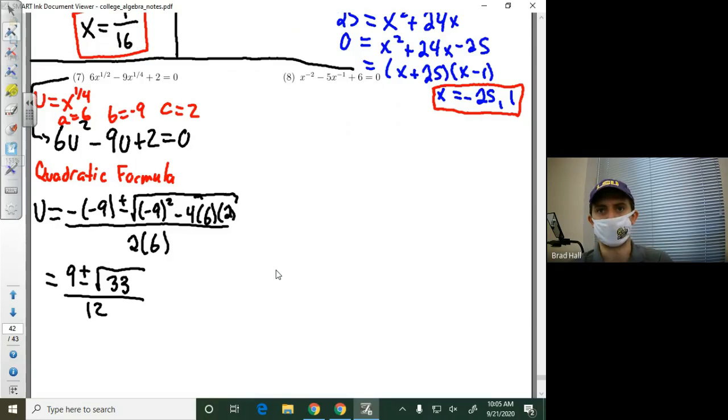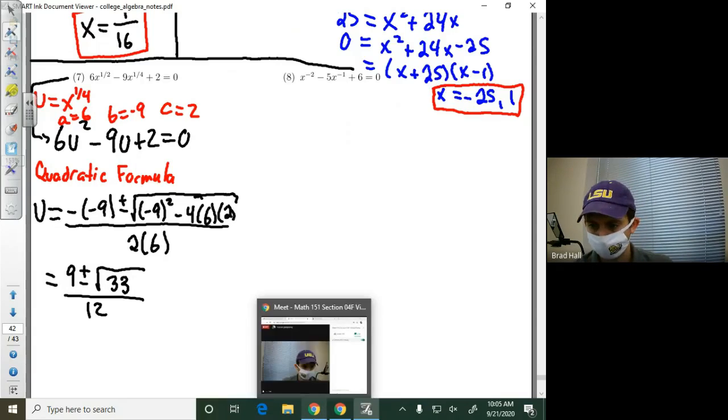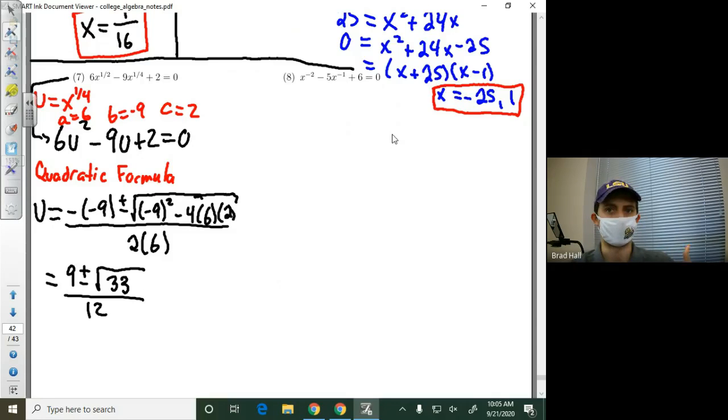And the square root of 33 does not simplify, so we would have to leave it in this form for u. Oh, sorry, yes. Could you simplify the 9 over 12?